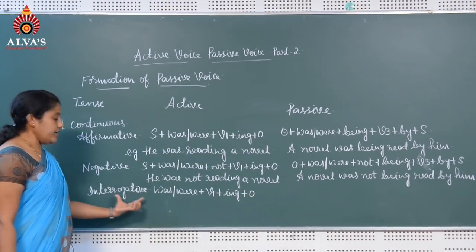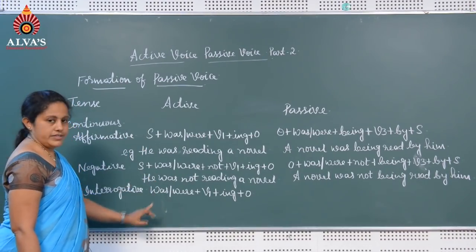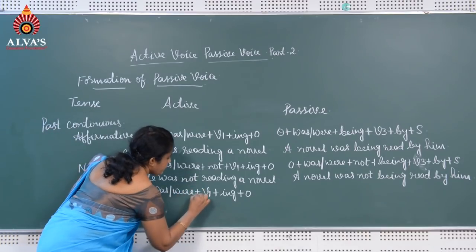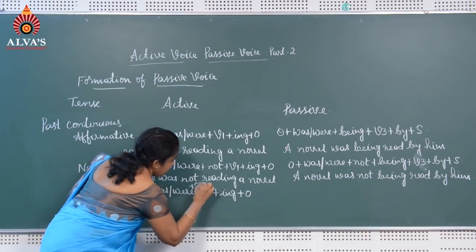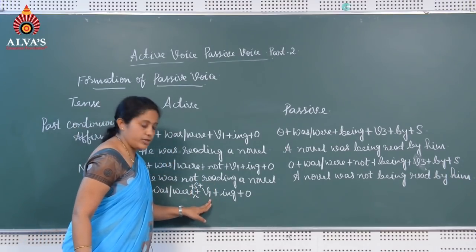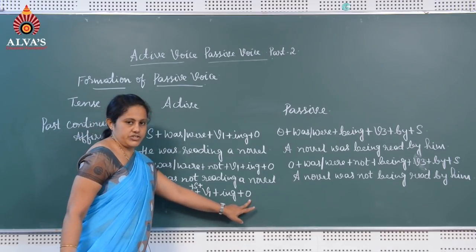In an interrogative sentence, active voice, the formula is was or were plus subject plus V1, that is the first form of the verb, plus ing plus object.